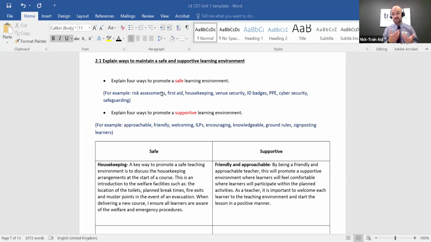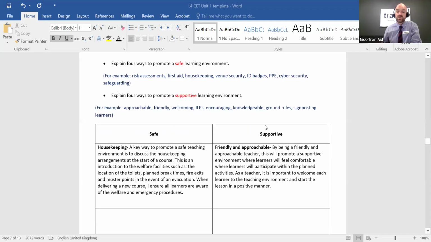PPE, making sure this is applied for learners if it's a practical lesson. Cybersecurity, informing learners about saving their work correctly, logging off correctly after the lesson has taken place, and also safeguarding as well. So informing learners who the safeguarding lead is and how to identify if an issue has occurred and who that should be reported to.